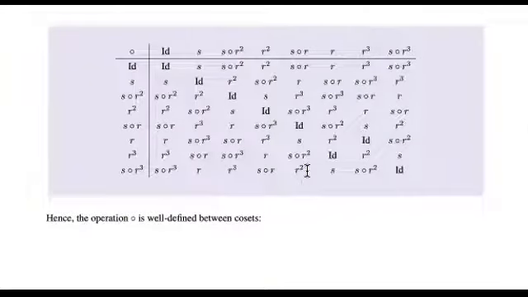Here's our table. One thing to keep in mind with these operations, let's look at this for a minute. If you do S of R, or if you do R of S, notice that if you switch the order, this one is S of R, this one is S of R cubed.